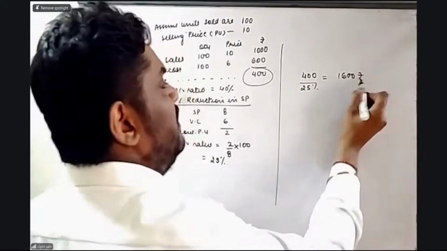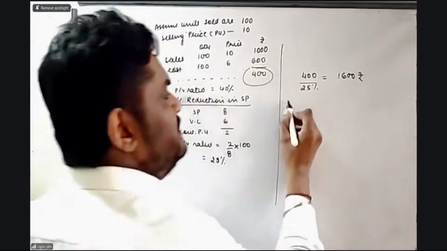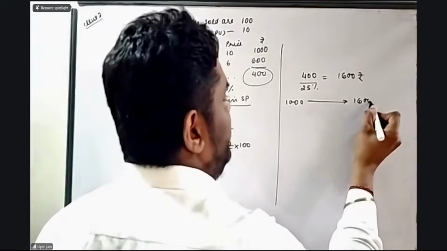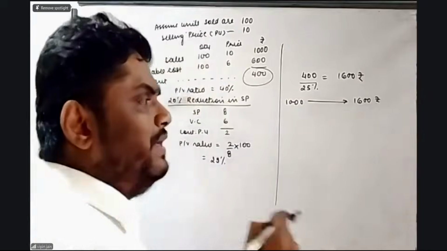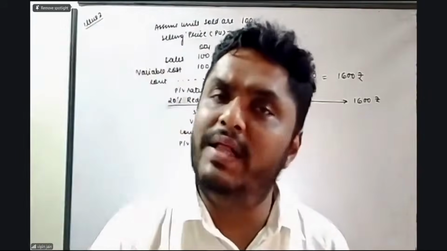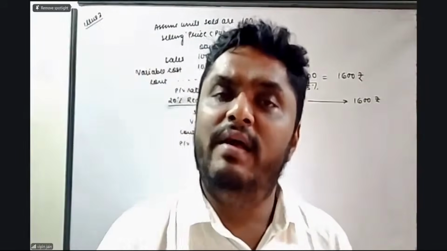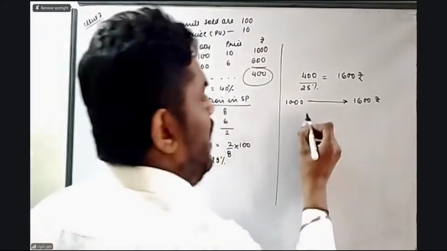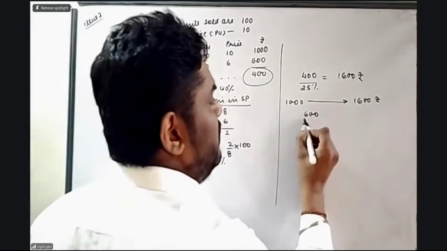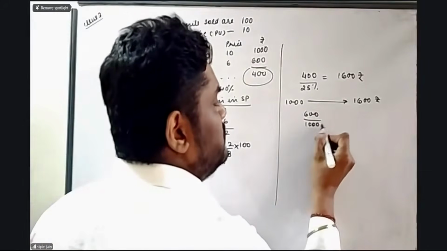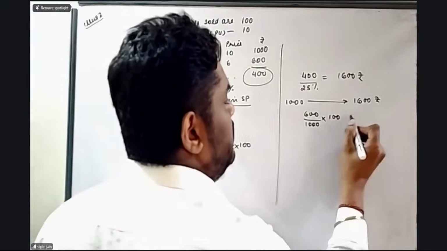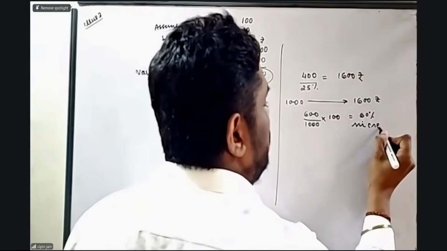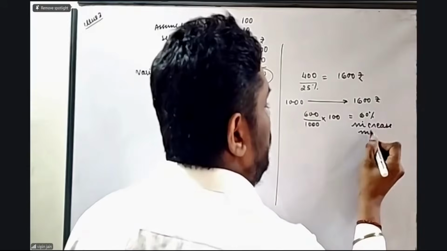It means the sales is increased from 1000 to 1600, and we will be able to offset the reduction in selling price. So how much is the increment? 600, from 1000, into 100. So we can say a 60% increase in overall sales.